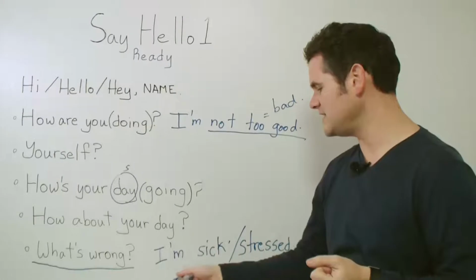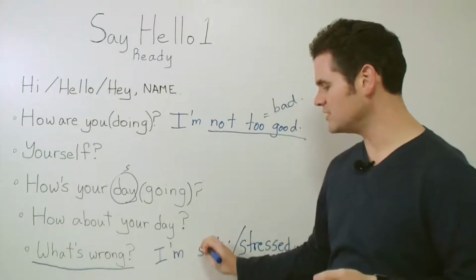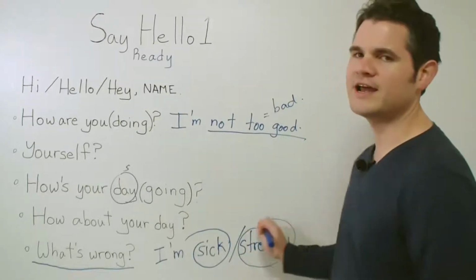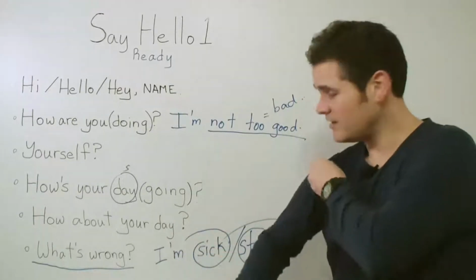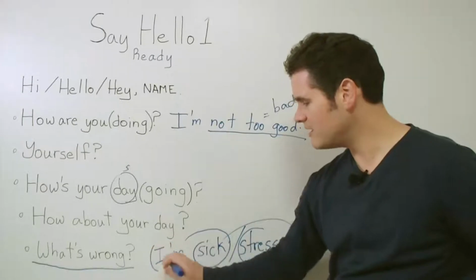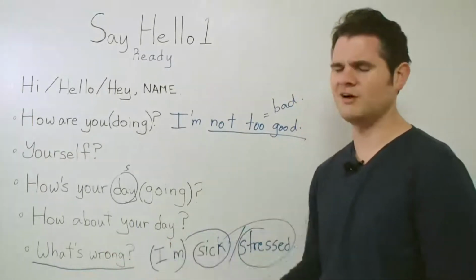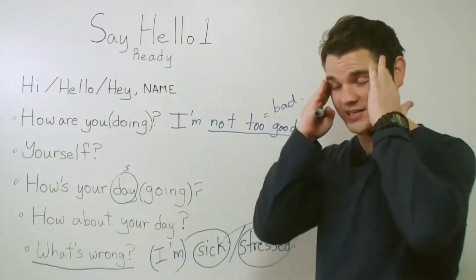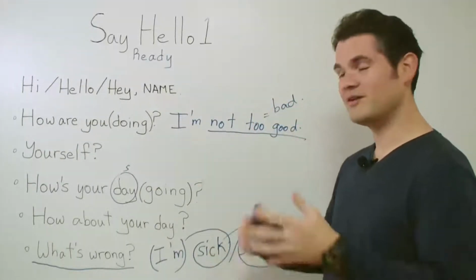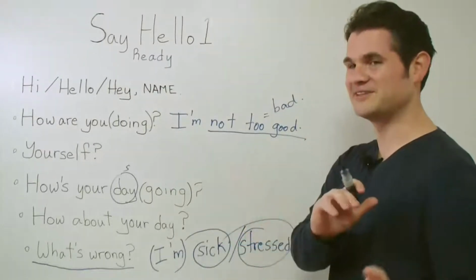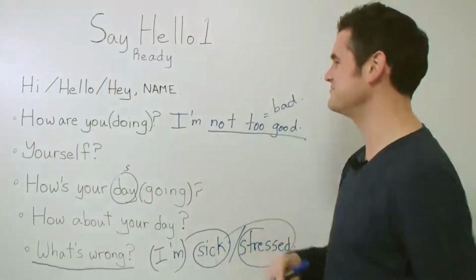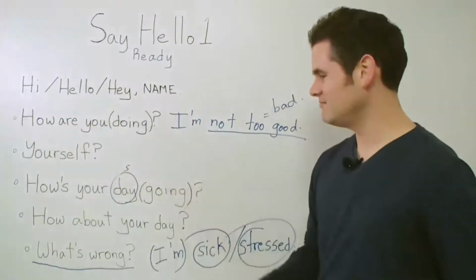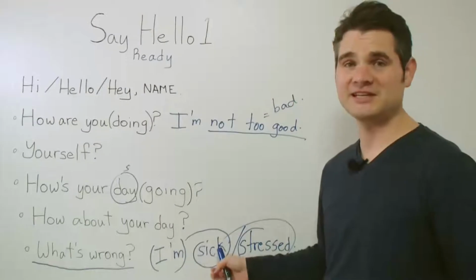You're asking for detail, and this would be what's wrong. They could be sick. They could be stressed. Again, I'm here would be optional. What's wrong? Sick. Stressed. So, you can answer in many different ways. Remember that's kind of the focus of this lesson. How are you doing? They can say, I'm sick.